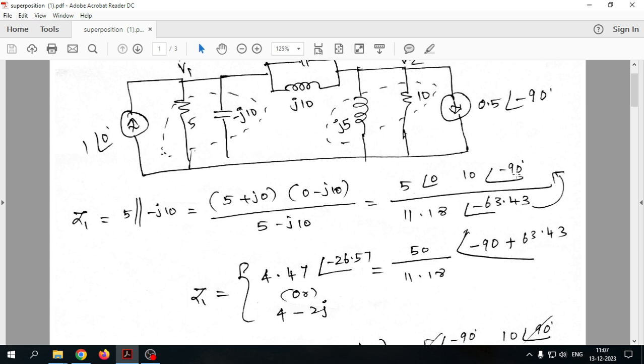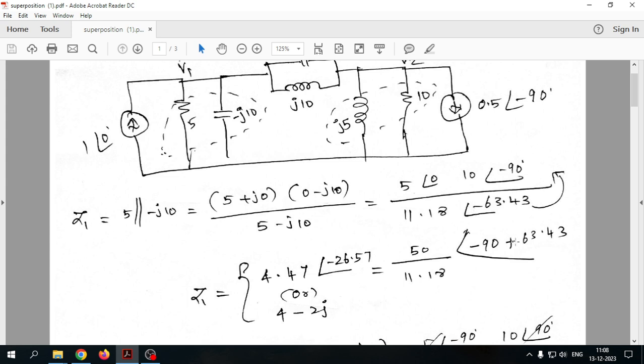and you can use a calculator to convert rectangular to polar and polar to rectangular. That example I have also given in my previous videos. Similarly, for 5 minus j10, this is the polar format. If you multiply 5 into 10, you will get 50 divided by 11.58 over here. Whenever there are angles in a division, you can bring the denominator to the numerator side with a sign change.